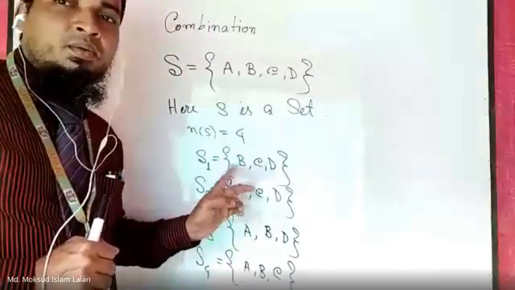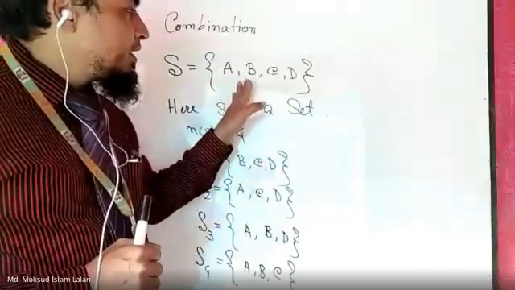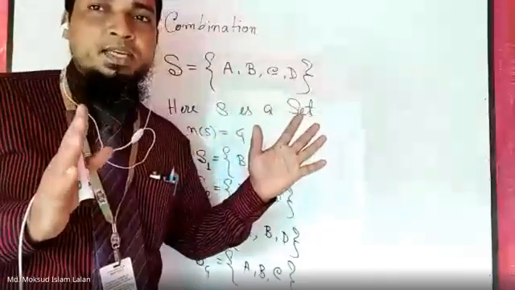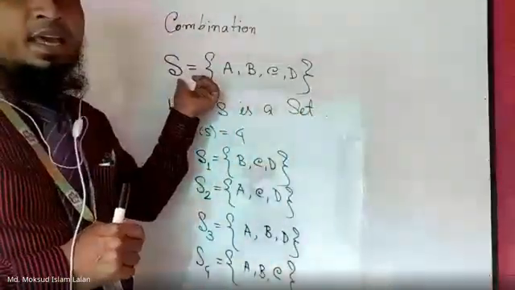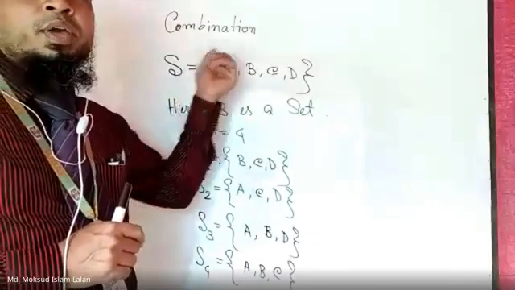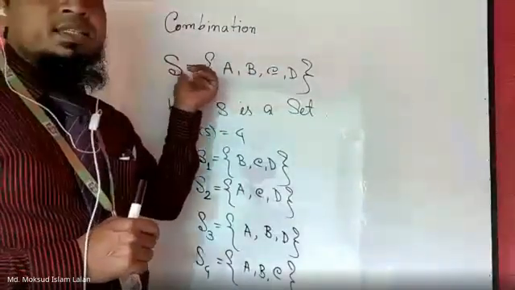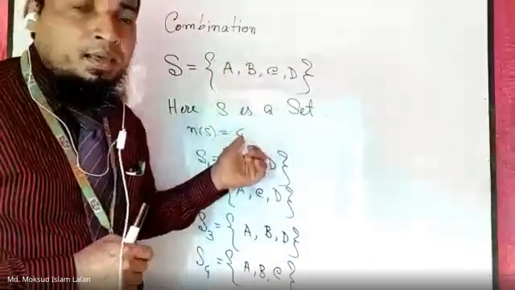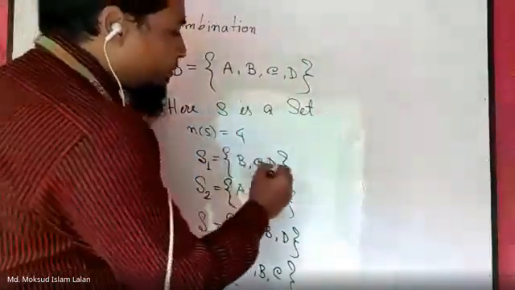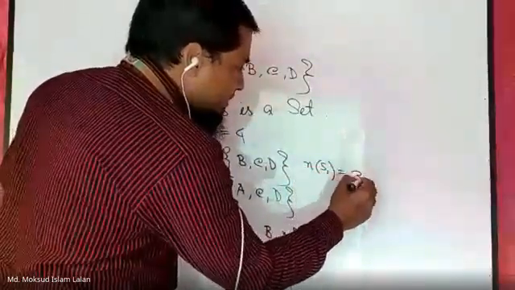So why do we call it a combination, dear students? You need to define it on a space. Our space is S. We are going to make combinations from this set. Here n of S1 is 3.